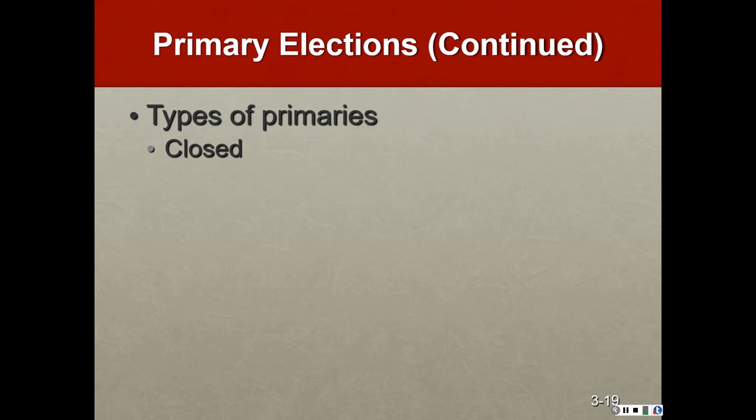So if you're in a state with a closed primary, if you want to vote in the Republican primary, you have to be a registered Republican. If you want to vote in the Democratic primary, you have to be registered with the Democratic Party. So this means that as a Republican, you cannot go vote in the Democratic primary. As a Democrat, you can't go vote in the Republican primary.